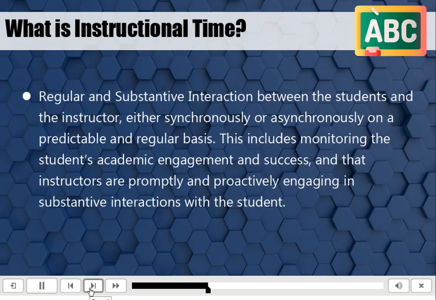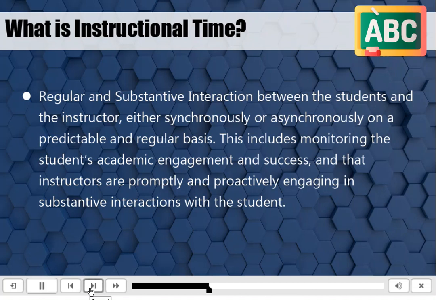When we think about instructional time, one of the big components that has to be there, besides it being measurable, tied back to the objectives, and having the direct oversight of the instructor, is that it has to be regular and substantive interaction between the students and the instructor.